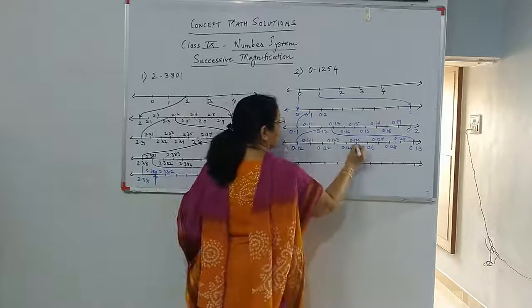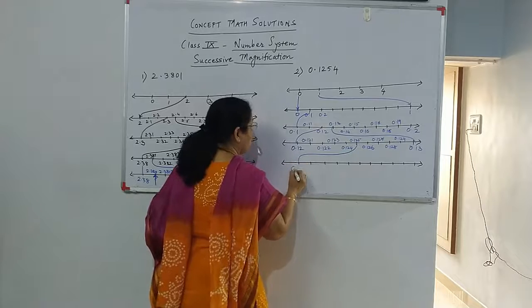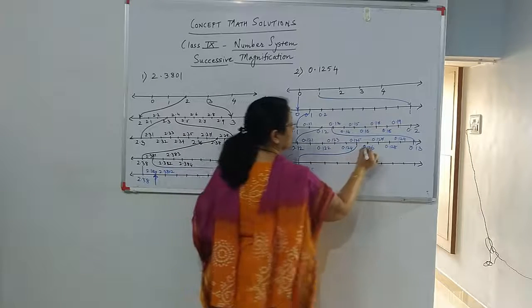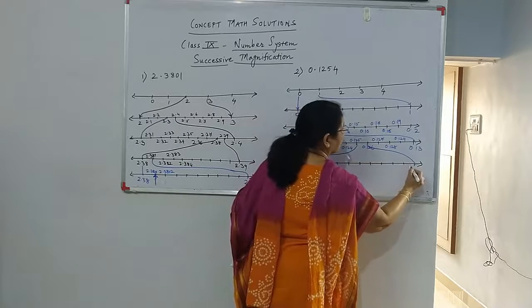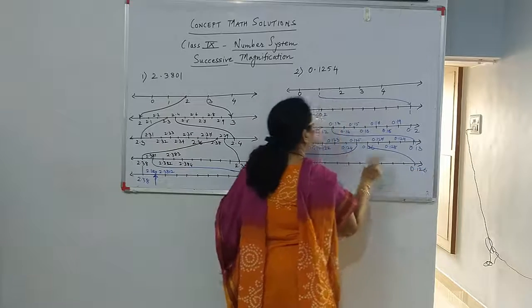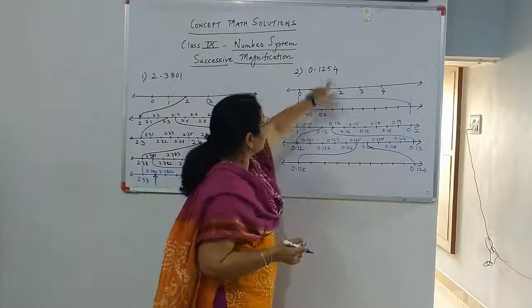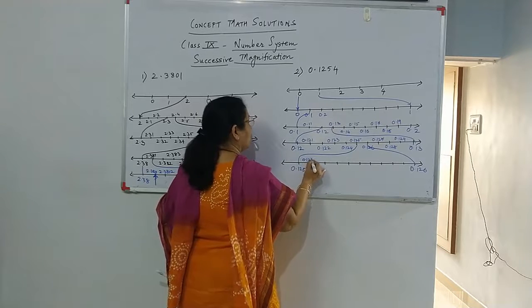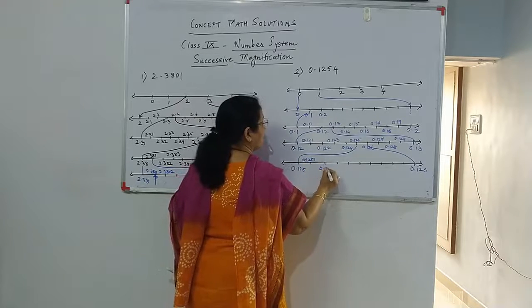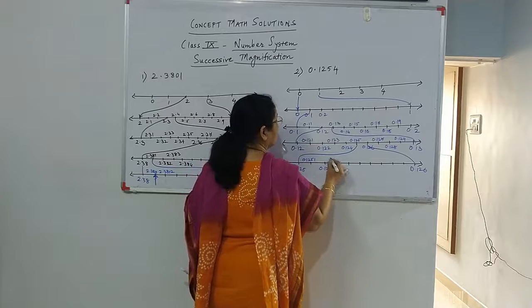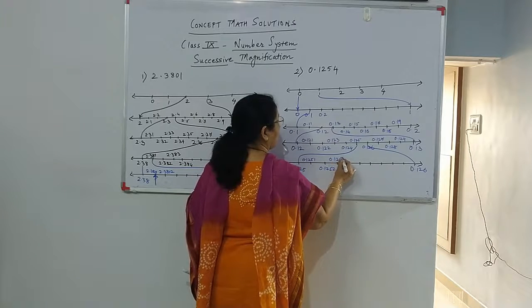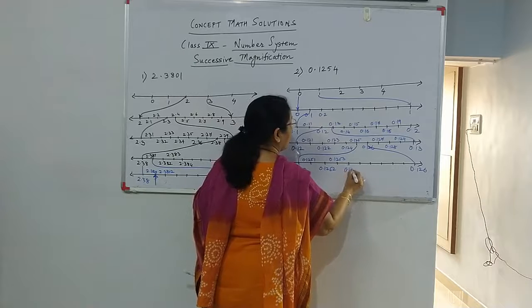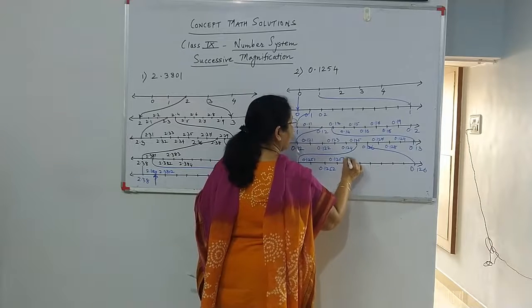Now we have 0.125 to 0.126. I went on magnifying, locating one after the other. 0.125, we got it here. Now this is 0.1251, 0.1252, 0.1253, 0.1254, and we got our target.